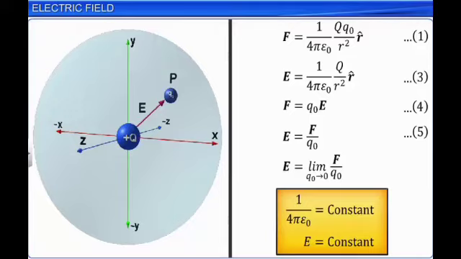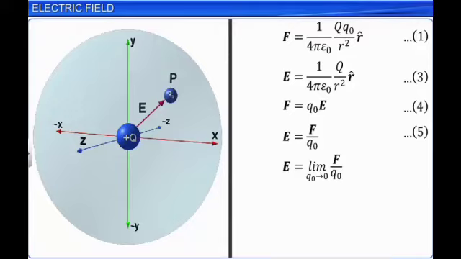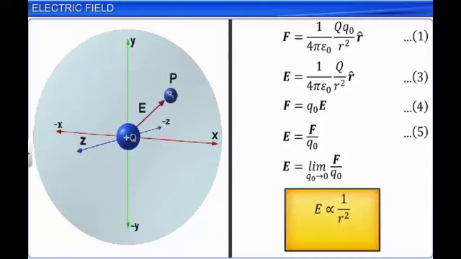Hence, the electric field strength E at any distance R from the source charge Q is independent of the test charge Q0. It varies with R and is inversely proportional to R square.